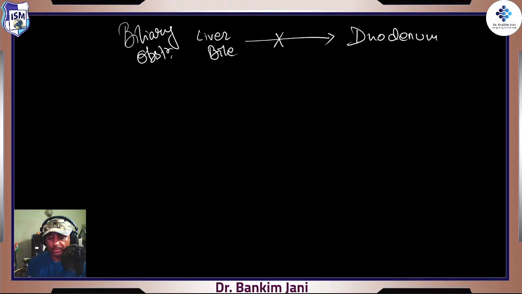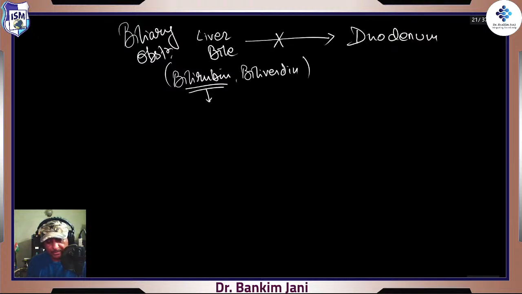If it is not going into the duodenum, what would happen? Those salts, that is bilirubin, another one is biliverdin, right? So they are now in the liver. It is the bilirubin which gives this yellow color, right?